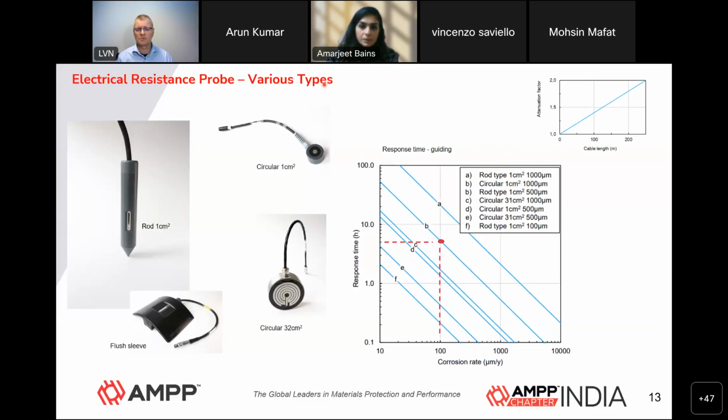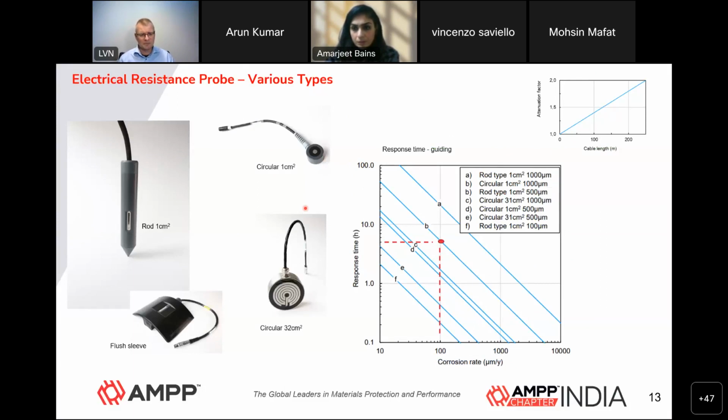of the different probes. Usually we recommend that the probes should be as close as possible to the pipe surface. And at least it should be in the same backfill and therefore in the same environment as a chemical environment and physical environment, the same soil, the same dirt as the probe itself.